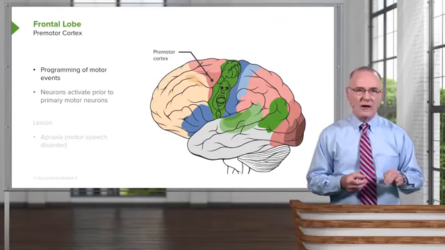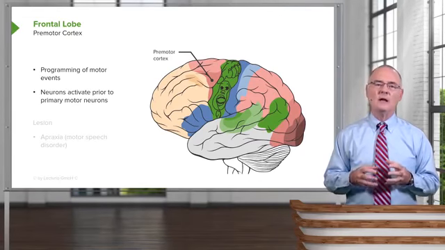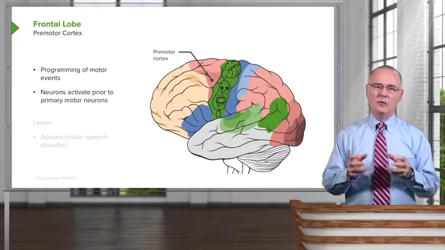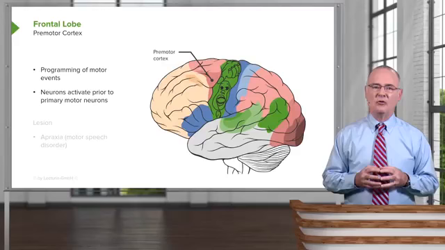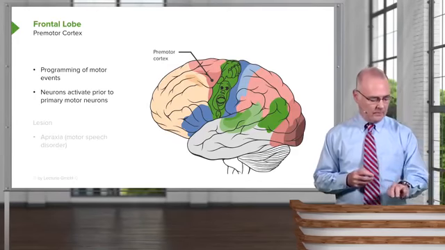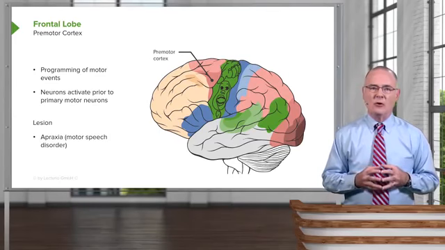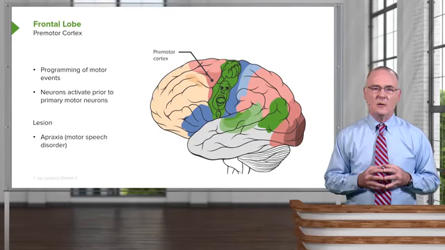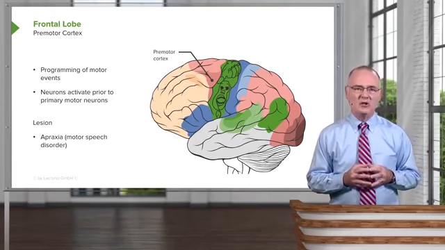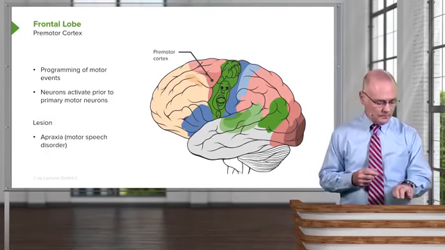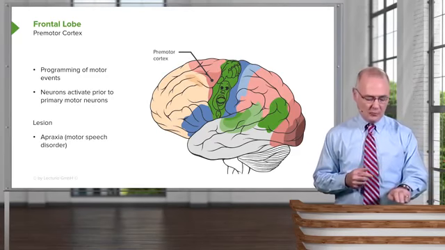And so this programming will then cause these neurons that reside in this territory to activate prior to the primary motor neurons that are within the precentral gyrus. A lesion of the premotor cortex is associated with apraxia. Apraxia is a motor speech disorder. This can be associated with other lesions in the frontal lobe.